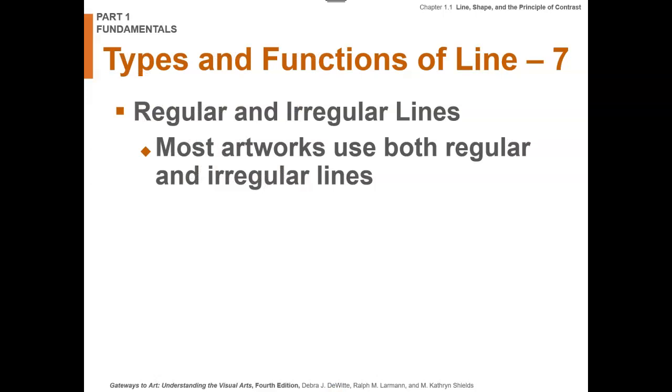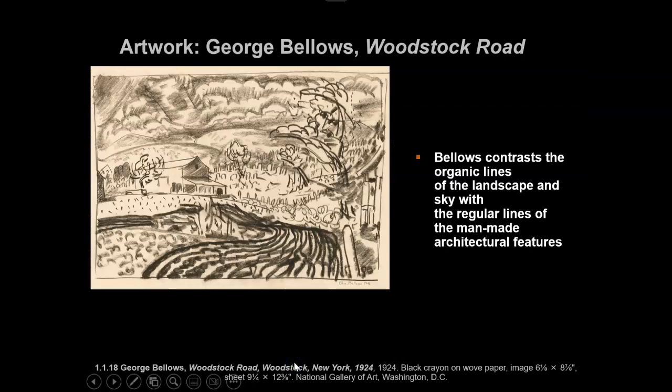So regular lines and irregular lines together are a great example of how using both can create contrast, right? In this piece, the man-made geometric shapes use regular lines, and the nature shapes use irregular lines, both contrasting each other.